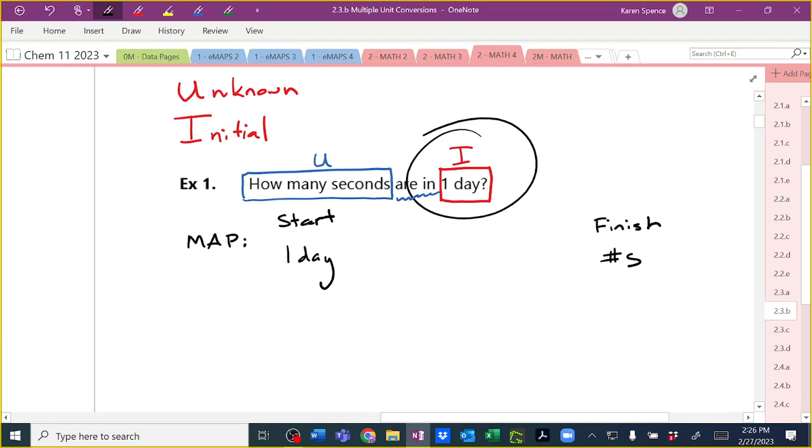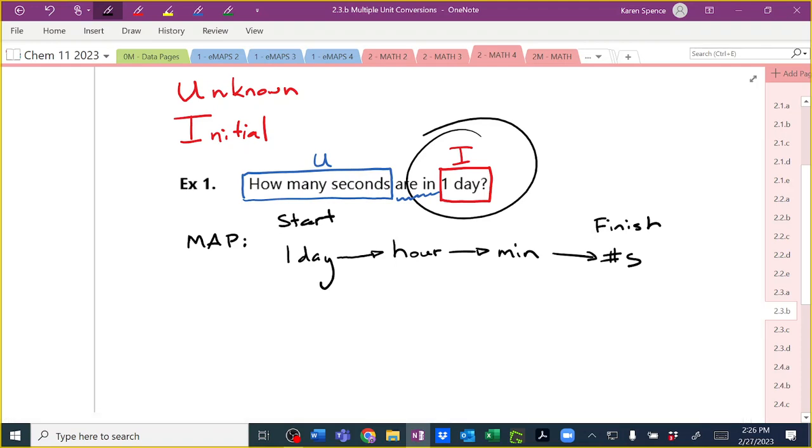And you'll notice I've left some space in between there because I do not know how many seconds there are in 1 day. I cannot do that in one step. What could I convert days into? Days could convert into hours. Hours could convert into minutes. And minutes could convert into seconds.